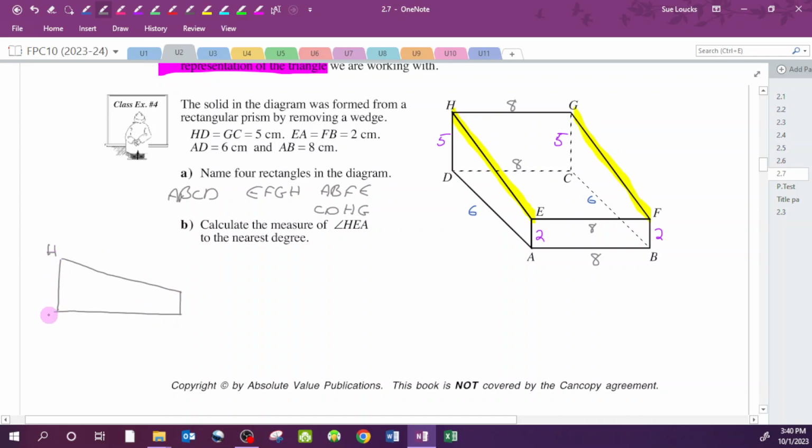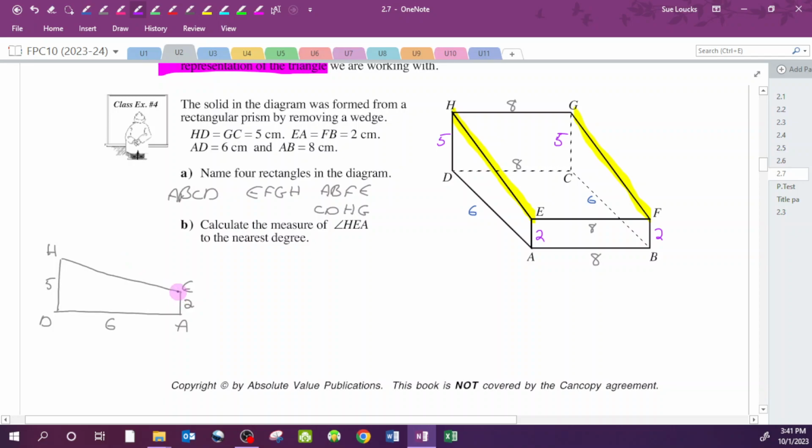That's H, that's D, that's E, and that's A. I know that EA is 2, AD is 6, and HD is 5, and we are asked to find angle HEA. Now, HEA is not part of a right triangle, so it's not really useful to us as it is right now.